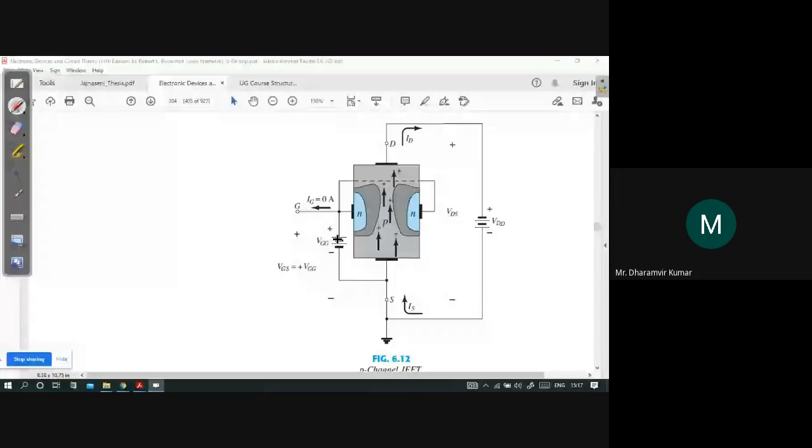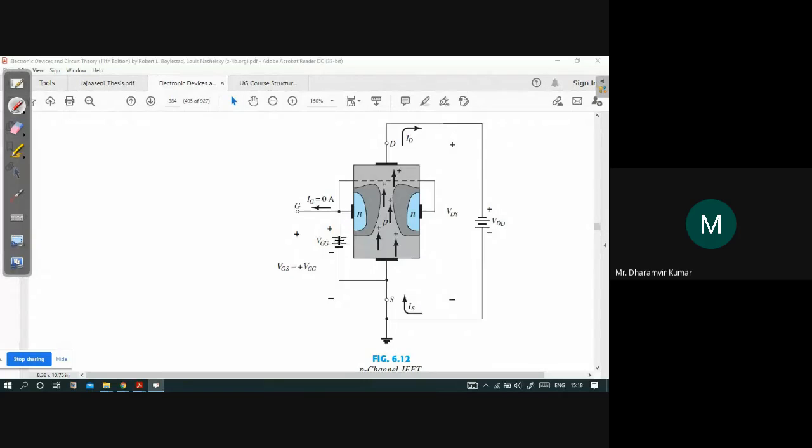P should be lower and n should be at higher potential, then the PN junction will be reverse biased. So we can connect the n type gate to the positive polarity of a battery, so that n type is connected to a positive polarity.